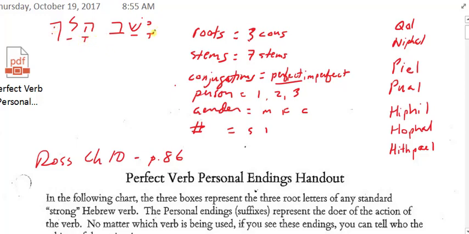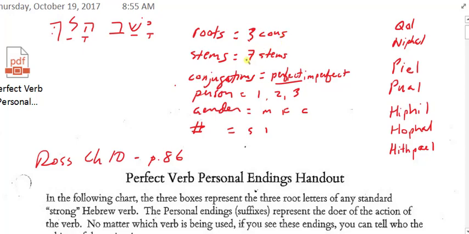He walked or went. The three root letters are hey, lamed, kaf. So both of these verbs mean he blanked, but what specifically the action involves is represented by the three root letters. So those are the three consonants that make up the core of the verb. We'll refer to that as the verbal root, okay, three consonants.